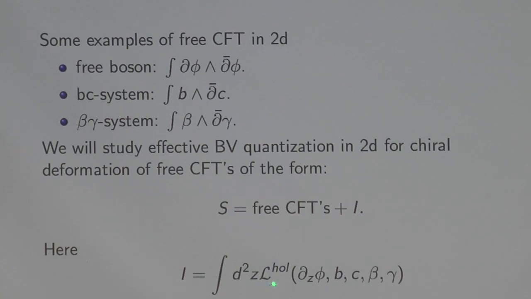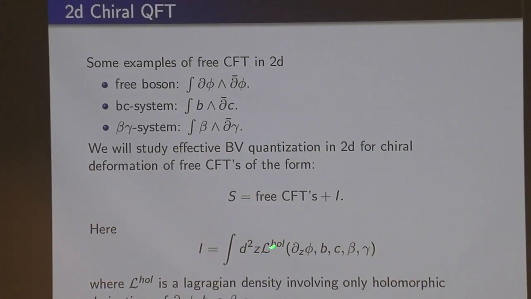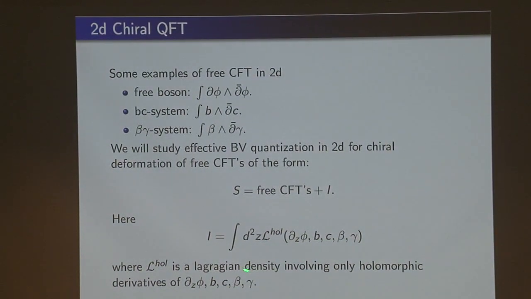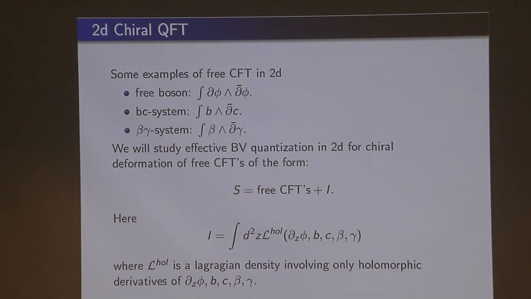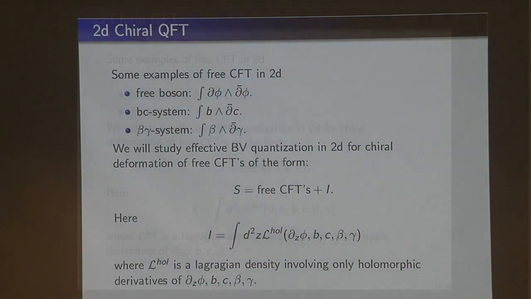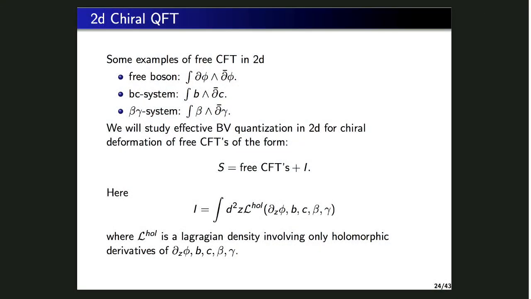And these interaction terms are something local, given by some kind of Lagrangian density, but it involves only holomorphic derivatives. So that's why it's called a chiral deformation. Basically, we're going to understand this homotopic BV quantization for this particular kind of chiral deformation to understand what's happening for integrable hierarchies for Calabi-Yau geometry.